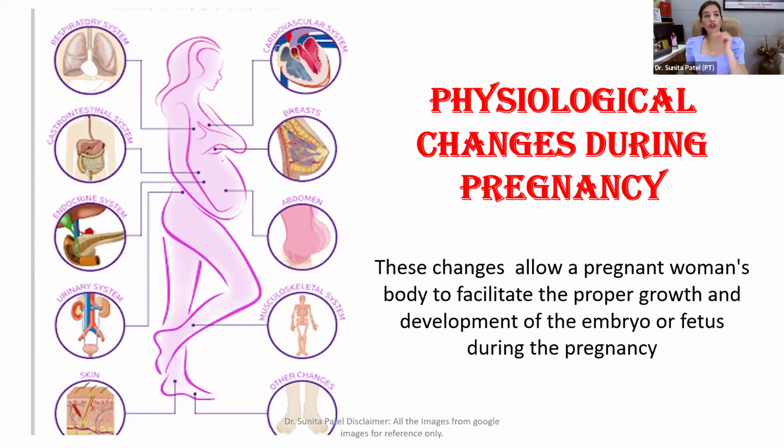That will take more oxygen. It means the respiratory system is also going to change. So we need better breathing throughout the pregnancy, and it is very important to give her breathing exercises. I will share one video with all of you. It is around 2 to 3 hours long, so you can understand the breathing pattern, and you can also practice it yourself.